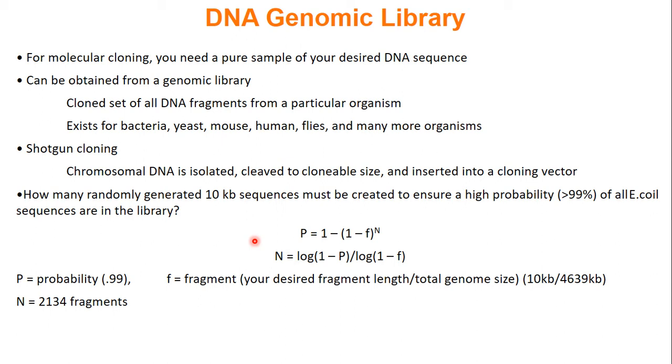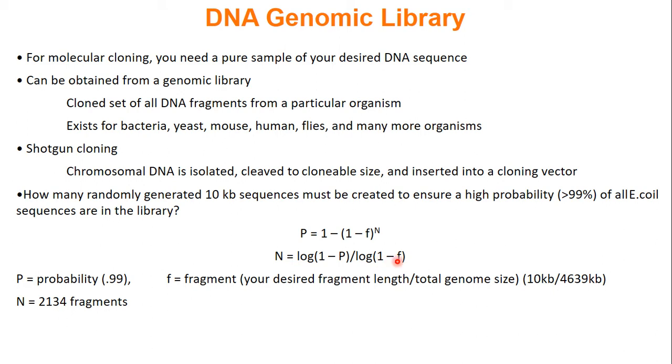That is given by these two equations, where probability of coverage equals 1 minus (1 minus f) raised to the power of n. Here f is the fragment length, 10K, and n is our number of fragments. So we're actually trying to figure out n. By doing some algebra, we can have an equation for n alone: n equals log of (1 minus probability) divided by log of (1 minus f).